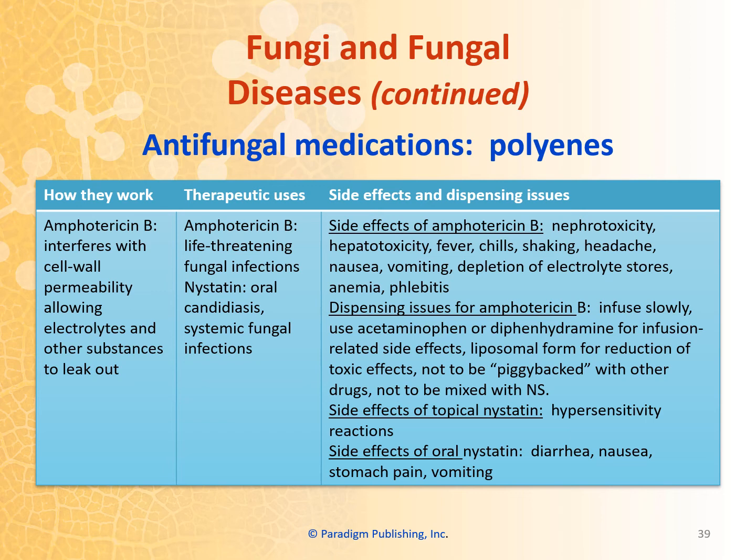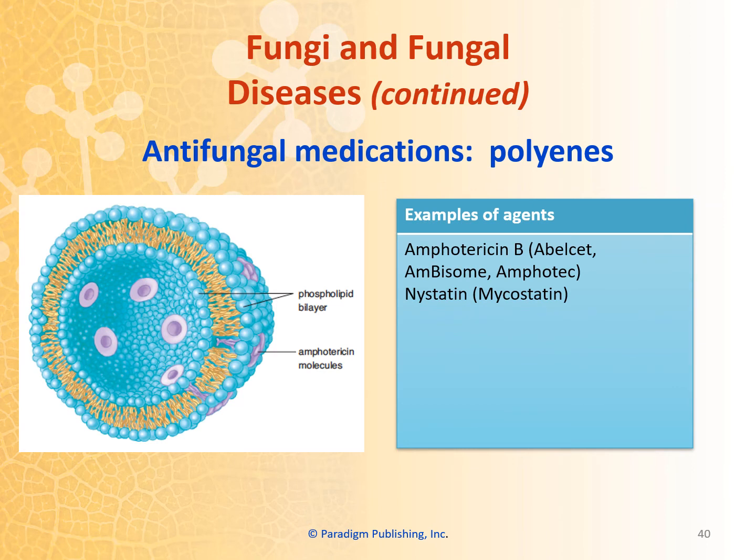It's used to treat life-threatening fungal infections. It's given IV, and it has some very specific compounding instructions. It's also incredibly expensive. This group of medications is called polyenes, and they're also lipid-based, so they have a phospholipid bilayer around the cell.